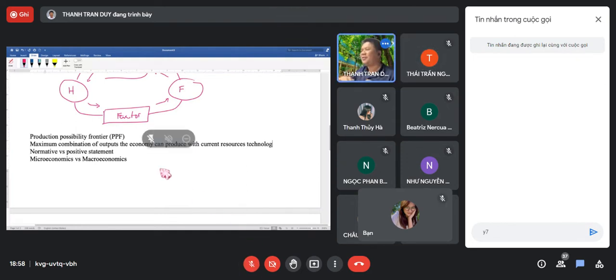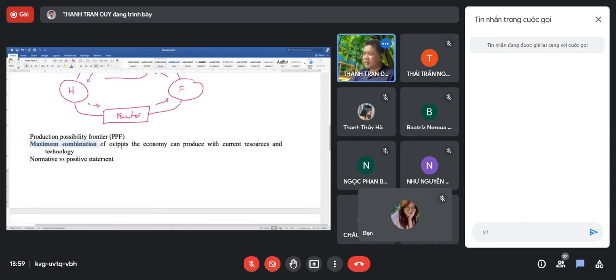Right. So we should have the following keywords: maximum combination, with current resources.